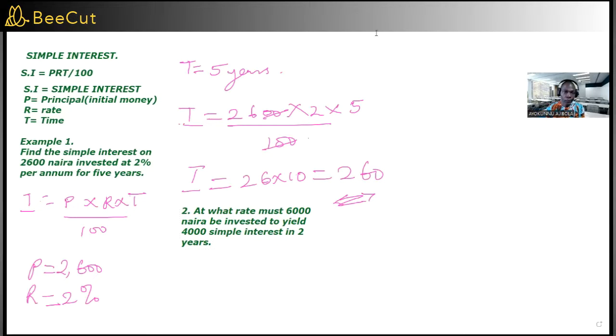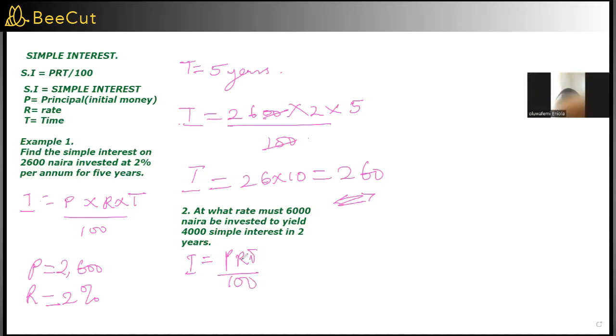So here now, we're not looking for simple interest. We've been given the simple interest to be 4,000 naira. We've been given the time, 2 years, and the principal also, but we're looking for rate. So in an attempt to find our rate, we're going to play with the formula. The formula is I equals PRT over 100.